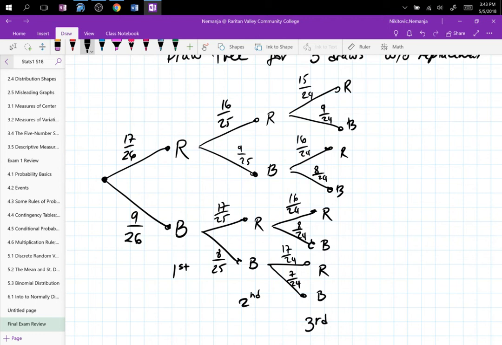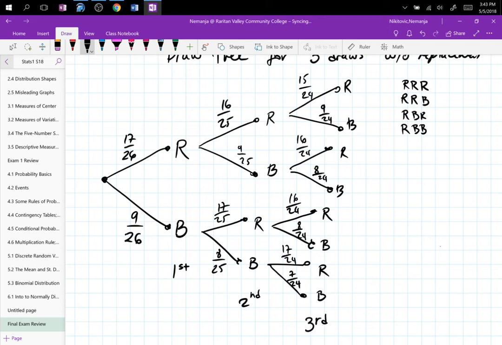All right. So now, let me show all possible combinations here. The first one is red, red, red. The next one is red, red, black. The next one is red, black, red. And red, black, black. And that's the first 4.